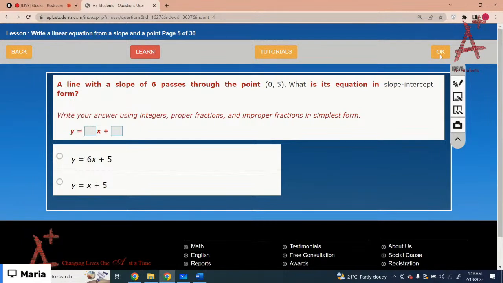The first one is the correct option: y equals 6x plus 5.